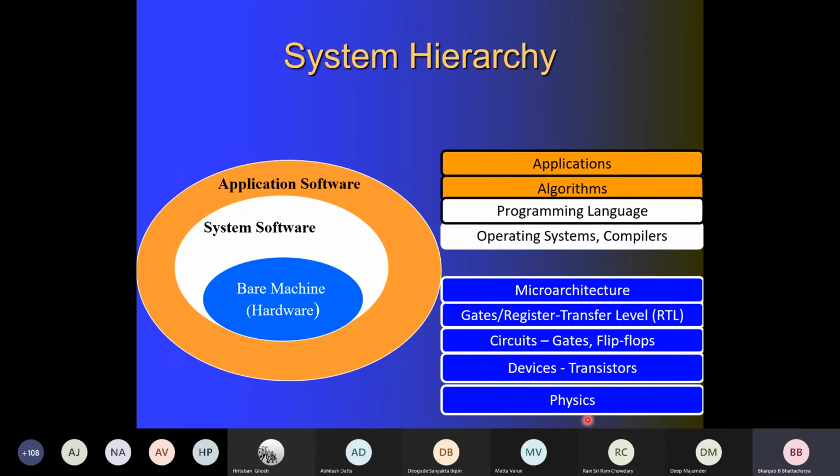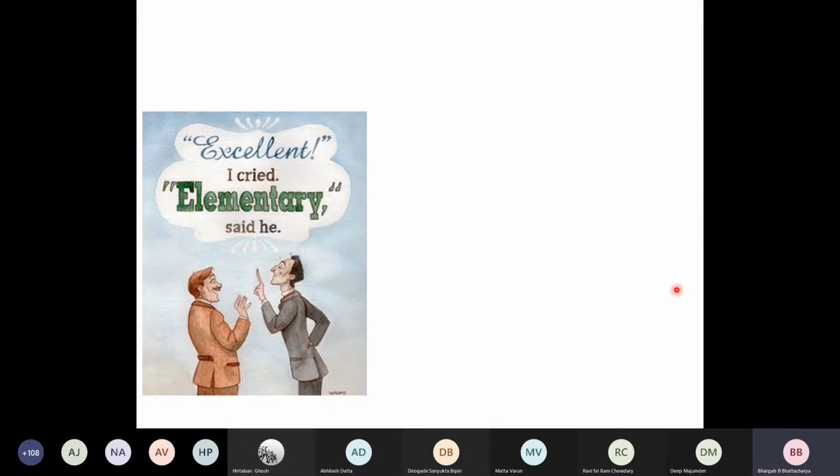This blue zone is the zone of the hardware, and this zone is the zone of the software engineers. And in between lies the most important layer, which is the envelope of the bare machine, and that defines the instruction set architecture, or ISA. All right. Okay. Are these terms familiar to you?